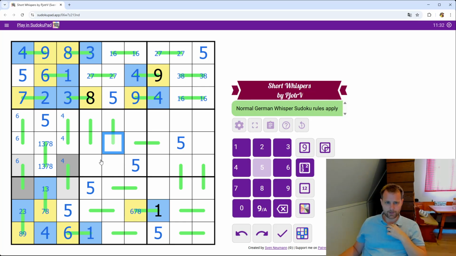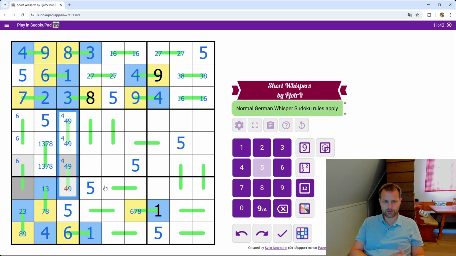So yeah, and that is restricting, of course. So this is from 4, 9 and 7 and 2. So one of them is 2, 7 and the other is 4 with 9.